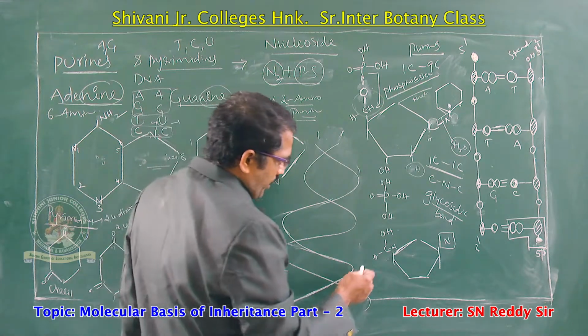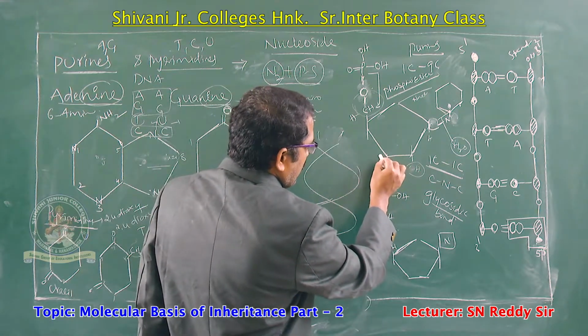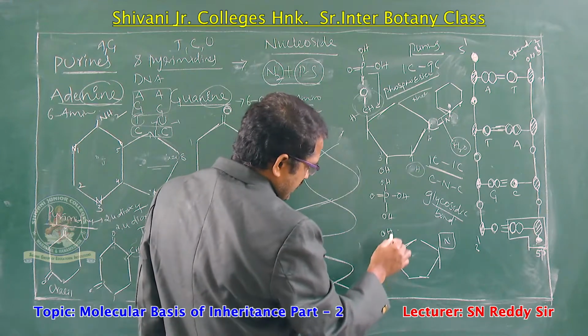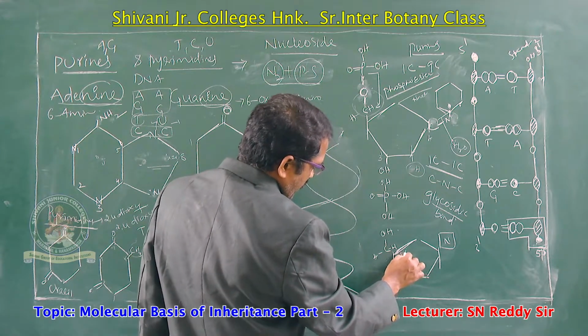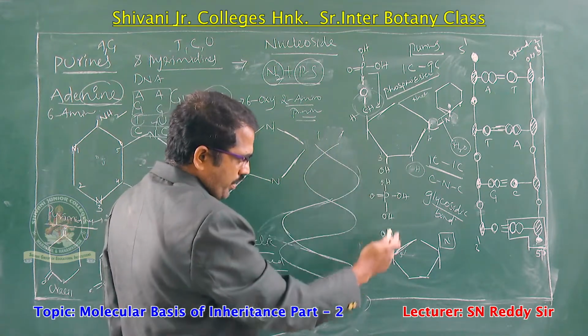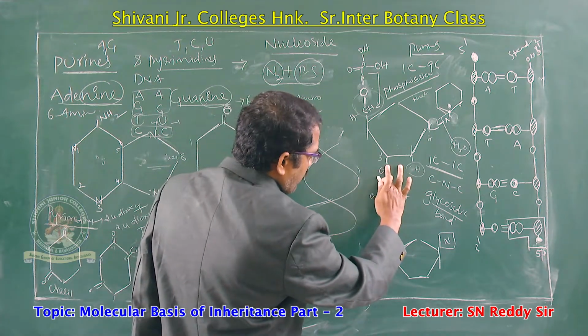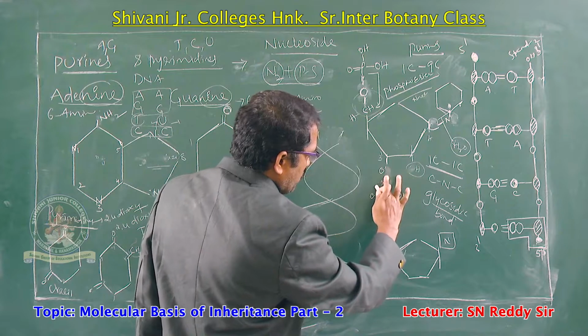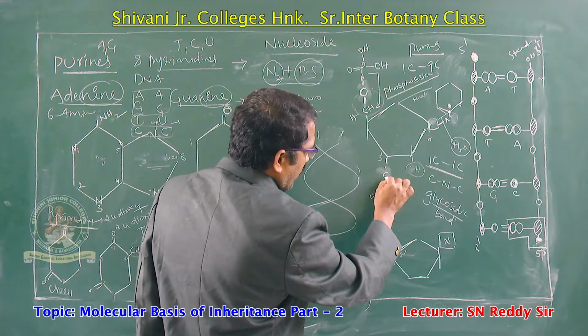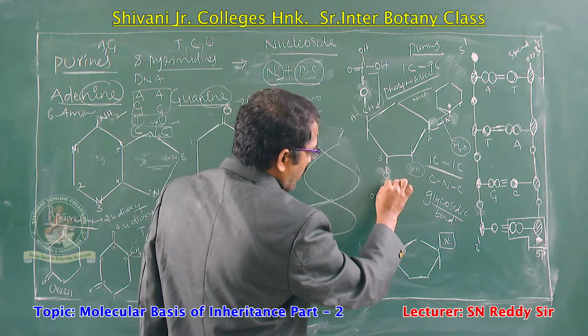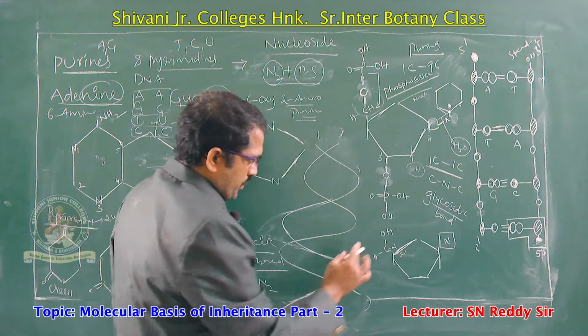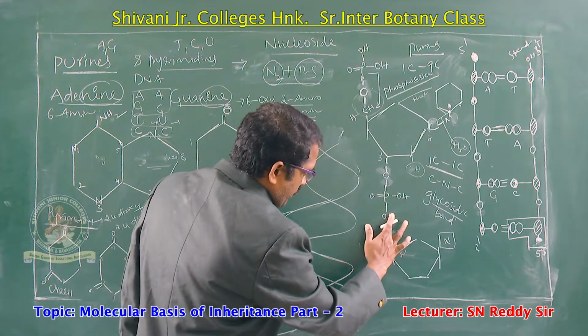So this is the third position, this is the fifth position. In between these two there is a formation of bond, with the elimination of water. So here also we eliminate water.